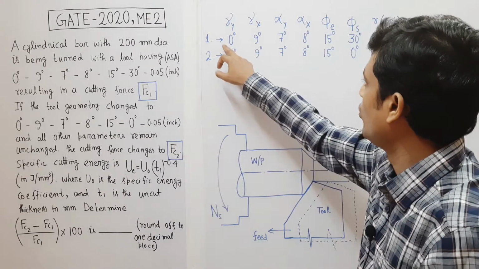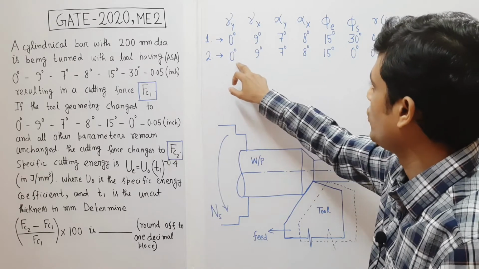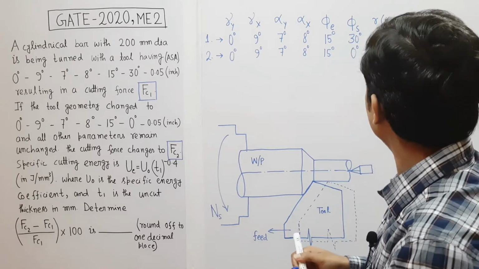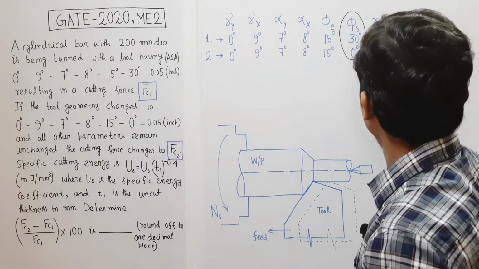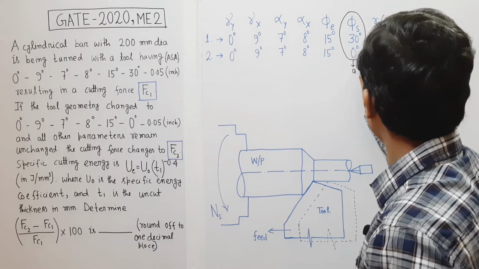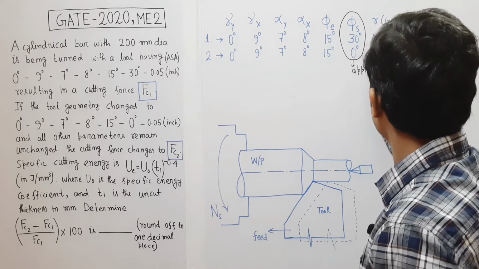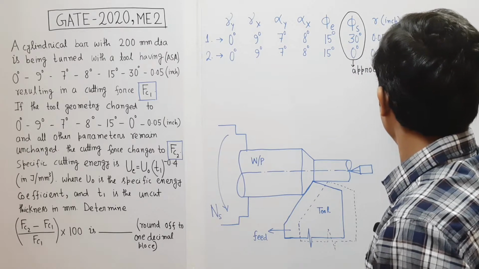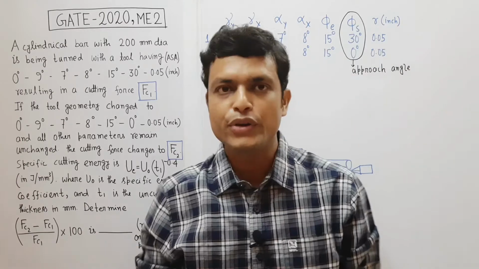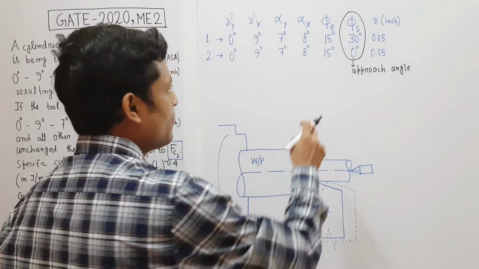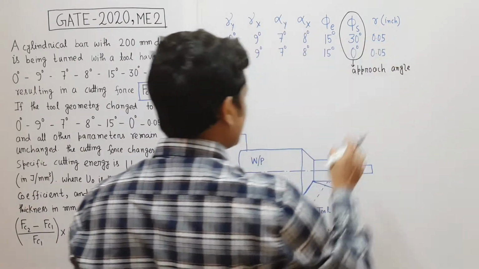This is for tool 1 and this is for tool 2. So the only change is here, that is the approach angle. Only the approach angle differs between the two tools and all others remain the same.